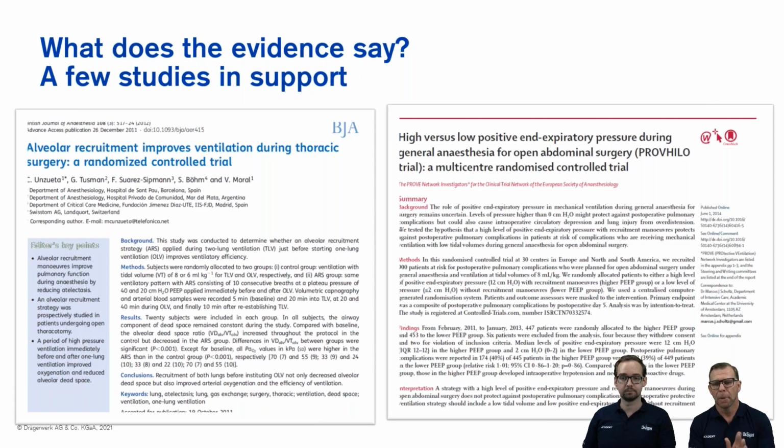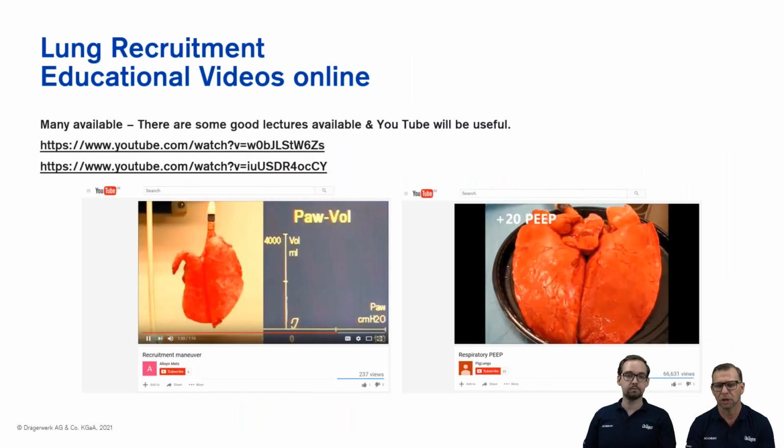So have a look at these. They're all widely available. PROVE High-Low is one of the most famous recent articles from the PROVE network, who have also done IMPROVE and are doing IMPROVE 2, and all of these are looking at particular outcomes around recruitment manoeuvres and other lung protective ventilation topics.